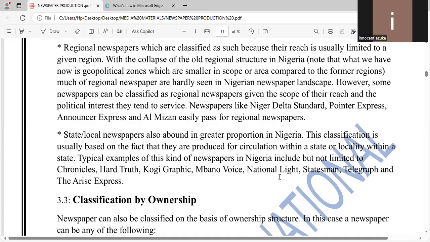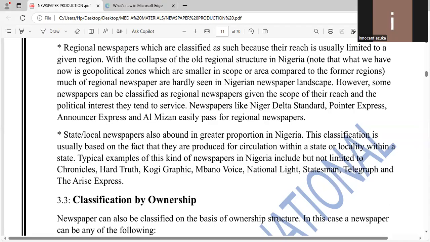Typical examples of this kind of newspaper in Nigeria include, but are not limited to, Chronicle, Hard Truth, Graphic, Urban Voice, National Light, Statesman, Telegraph, and Arise Express.